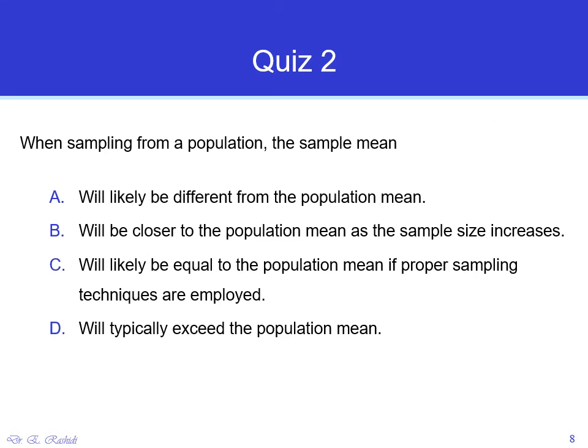All right, let's see option A. X bar will likely be different from the population mean. So here we are comparing X bar with mu. And if you see and remember from the example that we had, X bar usually is different from mu.